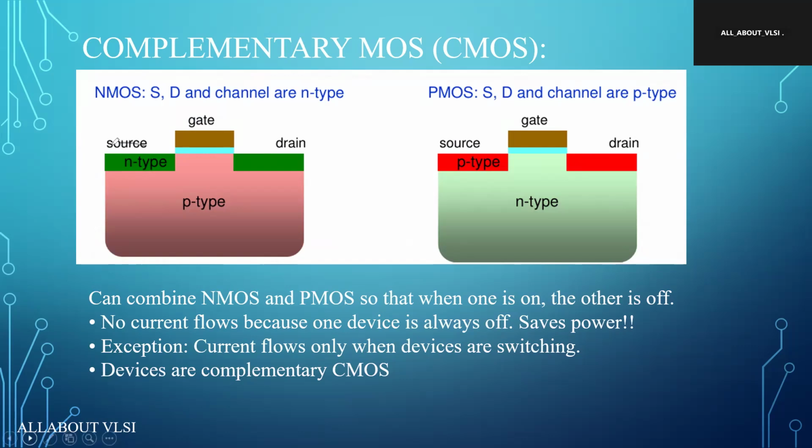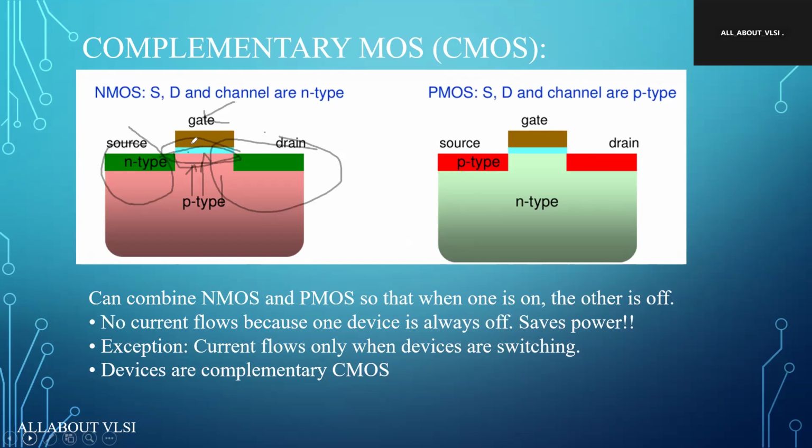So observe this one, and after formation of the channel, after applying some voltage here, again there is attraction of electrons towards this one, and here the channel is created.